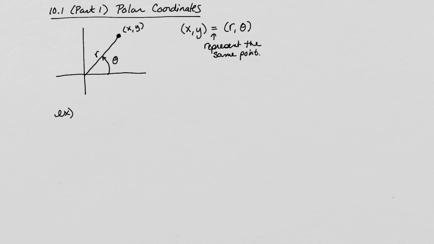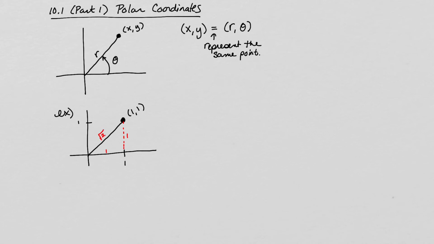So, for example, if we think about the point 1, 1, right? If I think about trying to make this out here, the easiest way to think about doing this is you have a triangle here. This side is 1, this side is 1, which means this side is root 2.